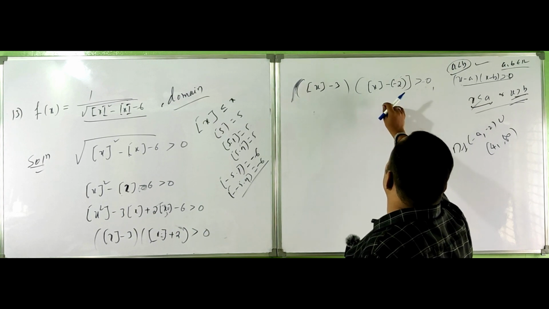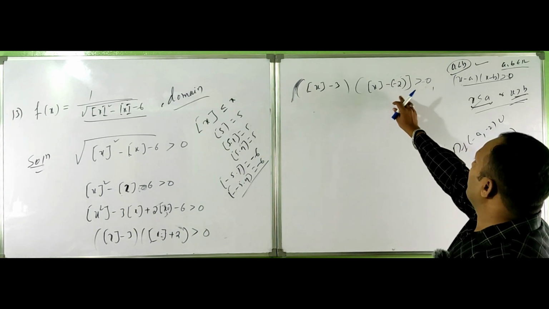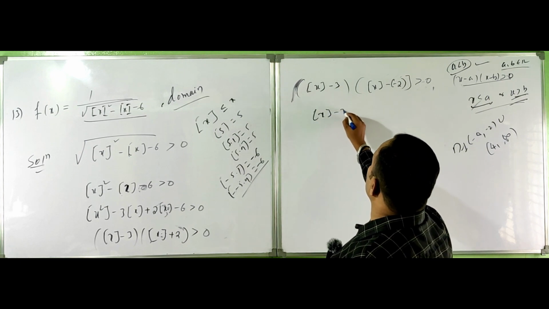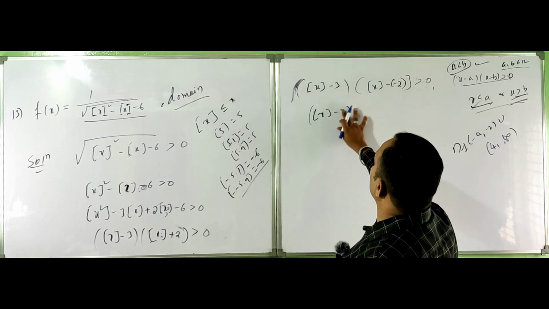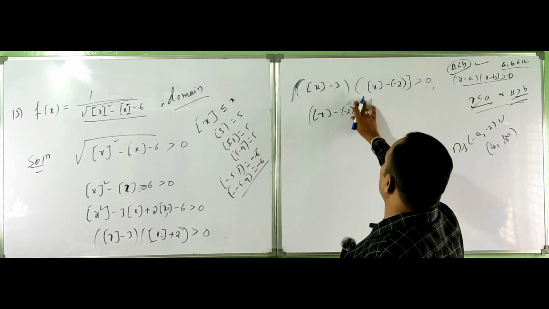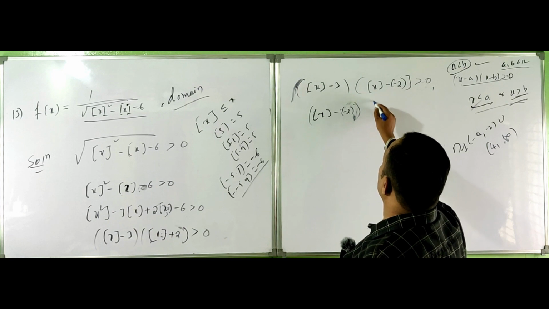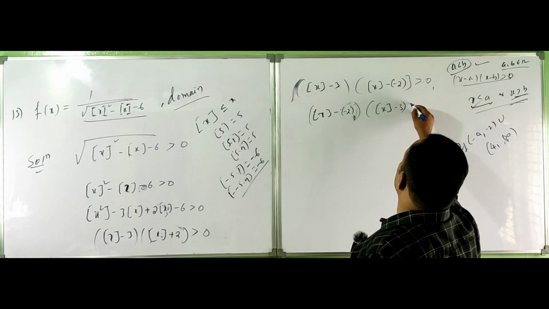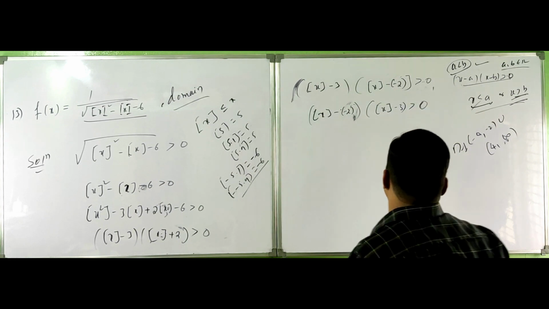The smaller value is minus 2, so I should take x minus 2, the integer value of x minus 3 greater than 0.